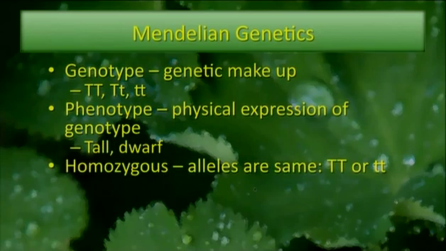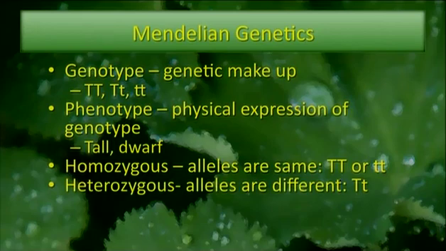Homozygous means that the alleles are the same, would be capital T, big T, or little t, little t. So these are purebreds. Heterozygous means that the alleles are different, so you have one big T, one little t for the heterozygous individual.